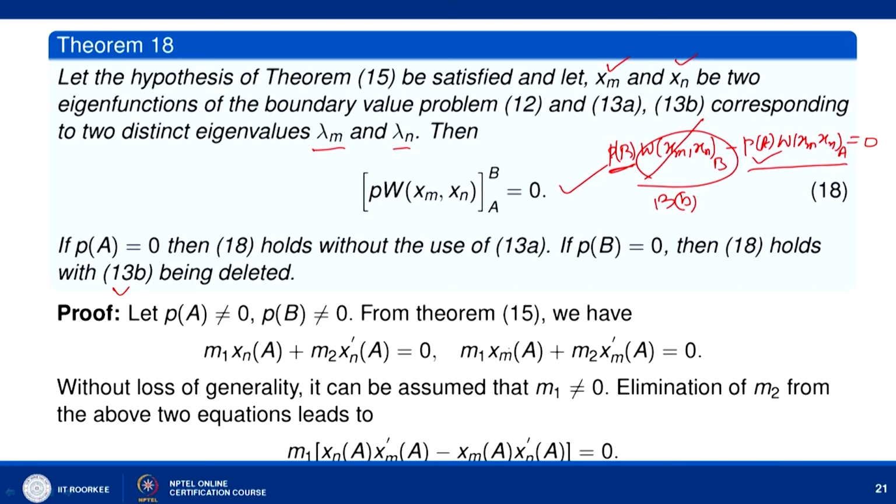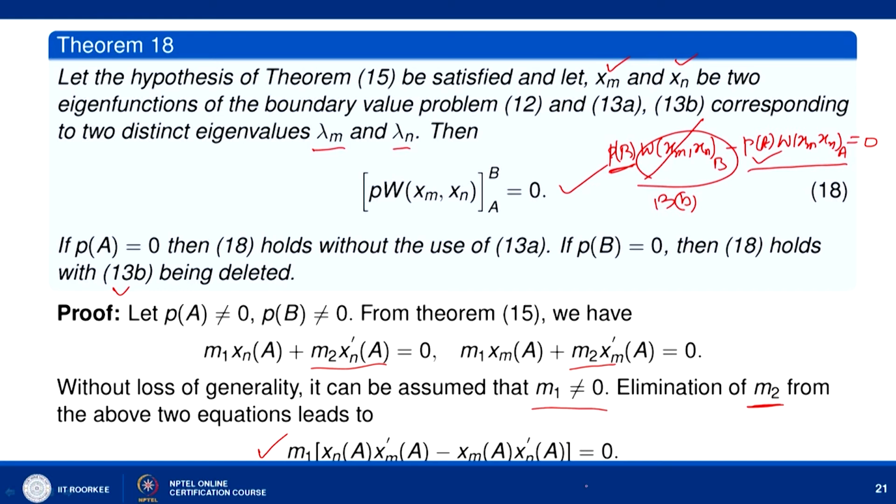We can simplify these two equations by eliminating m2. So here you can eliminate m2 from these two equations, and we can write our equation as m1 times (xn(a) xm'(a) minus xm(a) xn'(a)) equal to 0. So here we are assuming that m1 is not equal to 0.